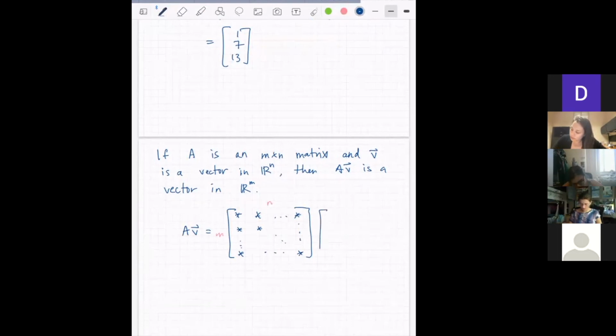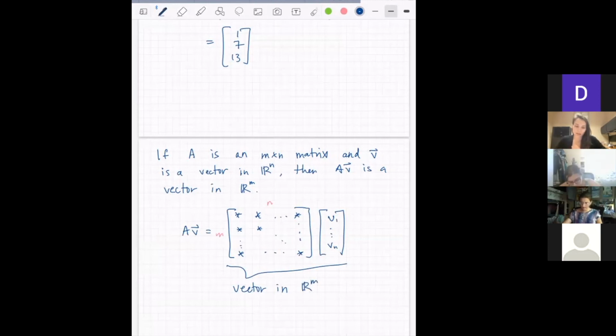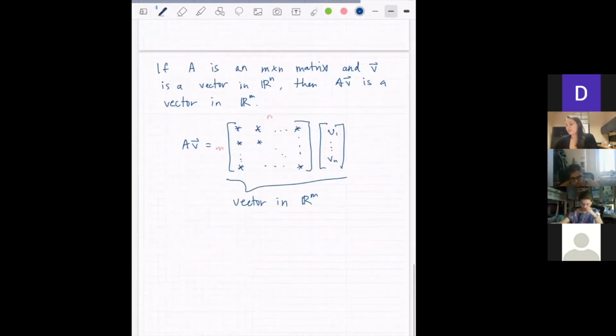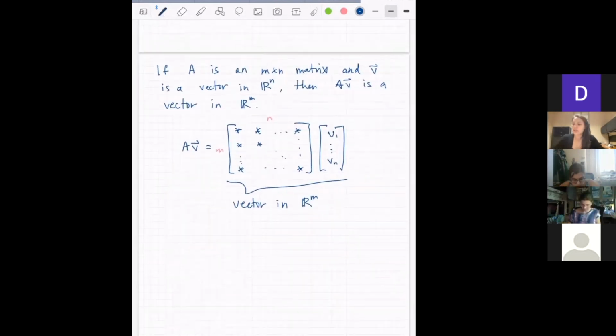We multiply this by our vector from Rn, so v1 up to vn, those are the entries. What comes out of this is a vector in Rm, where m is the number of rows of the matrix, right? Okay, so like I said, just do some practice with this and you'll get the hang of it.